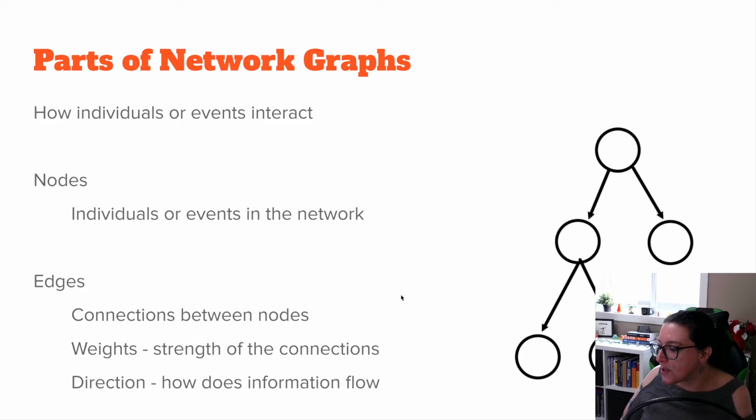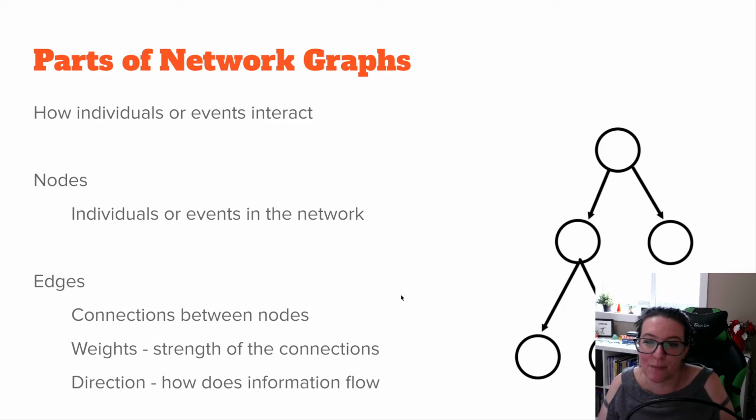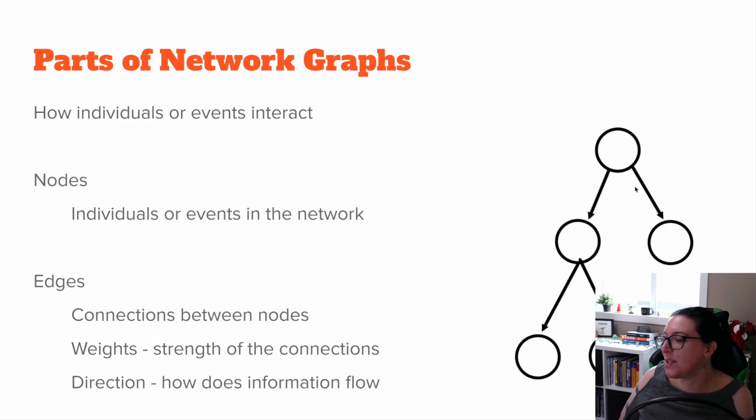Now, we can also show on our network graphs direction. So how does the information flow? If this is an org chart, for example, in a highly centralized, highly hierarchical organization, then here's the boss, and the boss gives direction to middle management, and middle management gives it to the employee below.